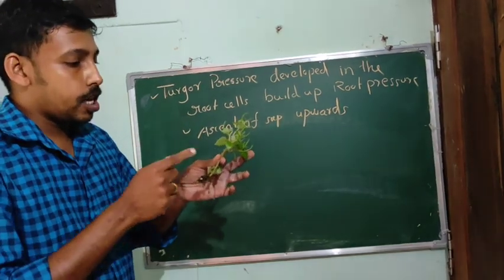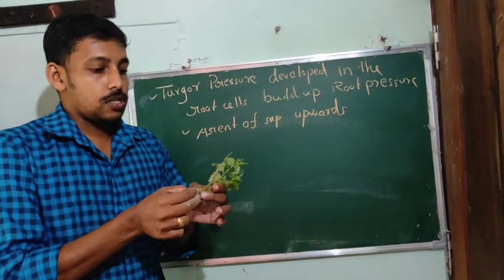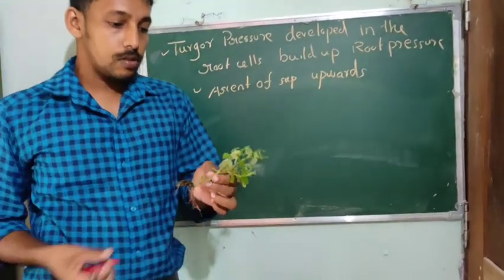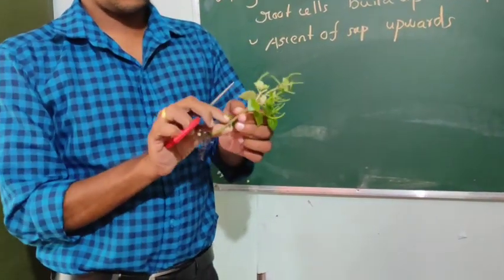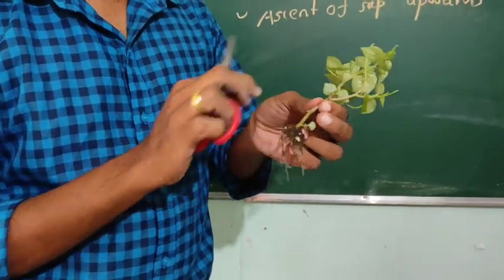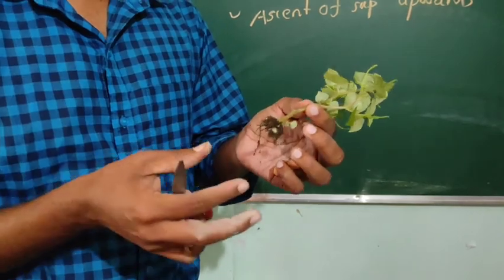Now I am going to cut off this shoot. If I cut off this shoot, what will happen?